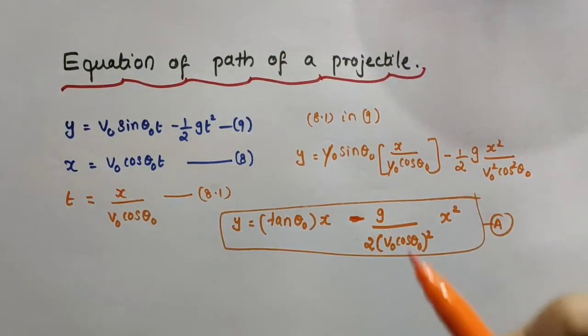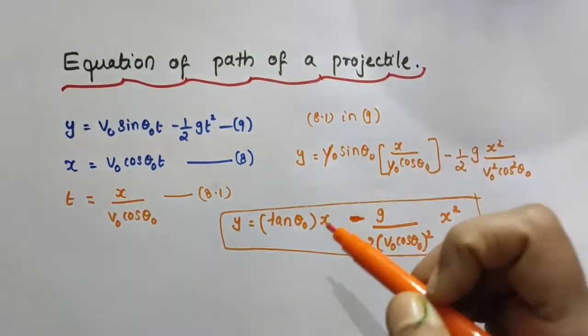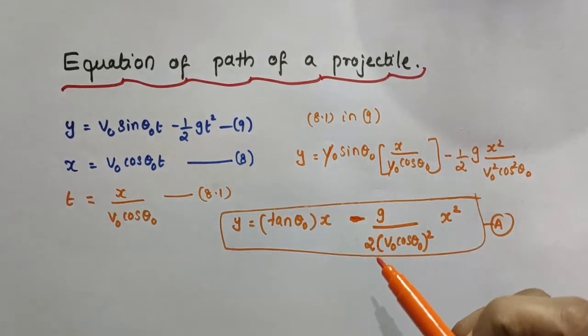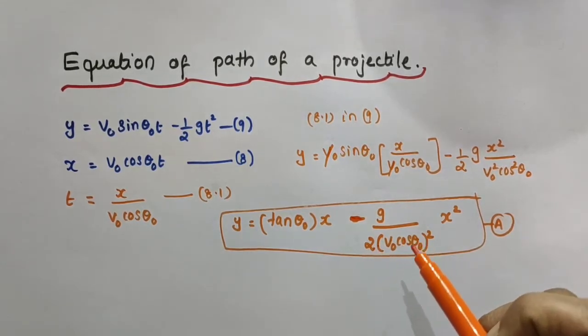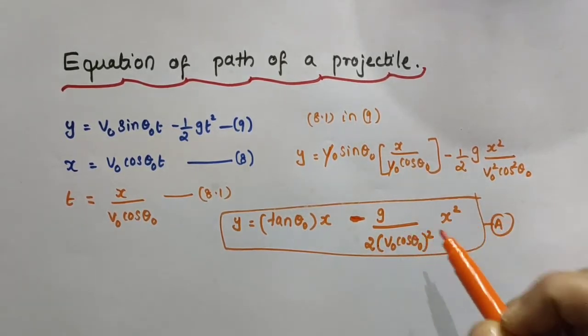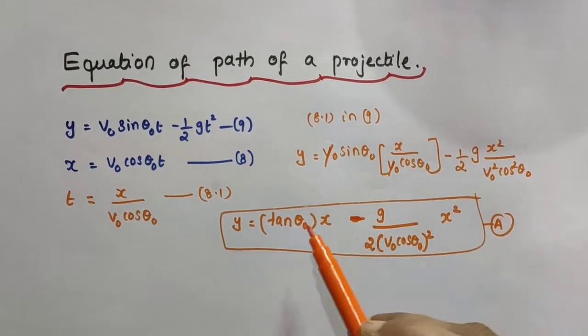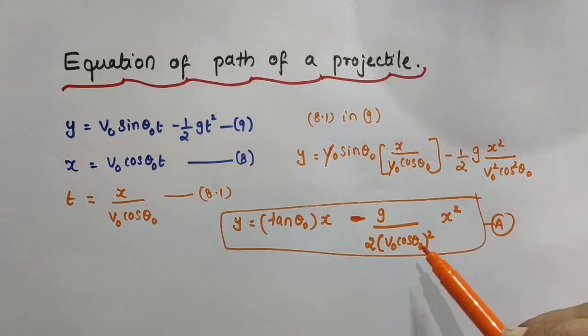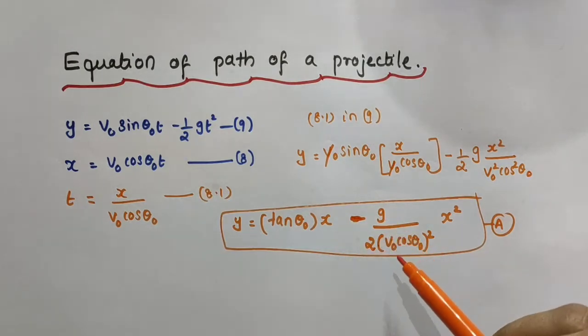So when we substituted equation number 8.1 in 9, we got this expression: y equal to tan theta 0 into x minus g divided by 2 into v0 cos theta 0 the whole square into x square. We have taken that as equation number A. Here theta 0 the projection angle, v0 the initial velocity and g the acceleration due to gravity are constants.